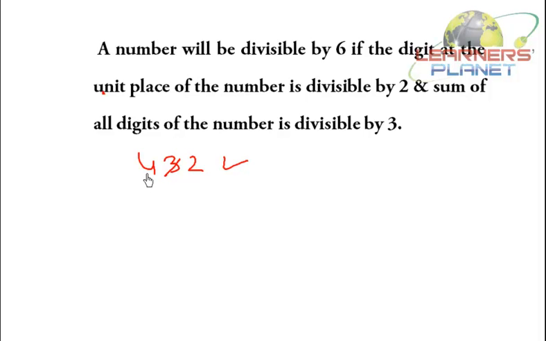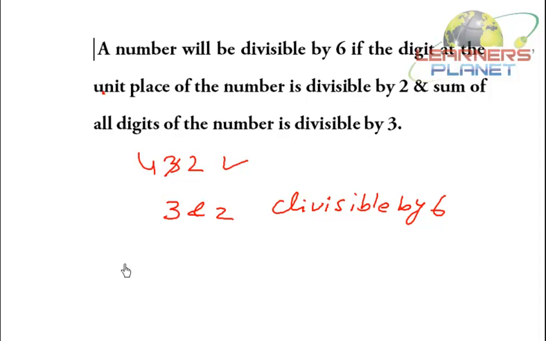Now we are left with 4 and 2. So 4 plus 2 is 6, so it is divisible by 3. So 432 is divisible by 3 and 2 both, hence it is divisible by 6.